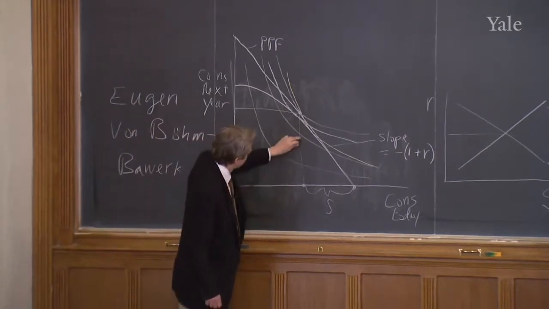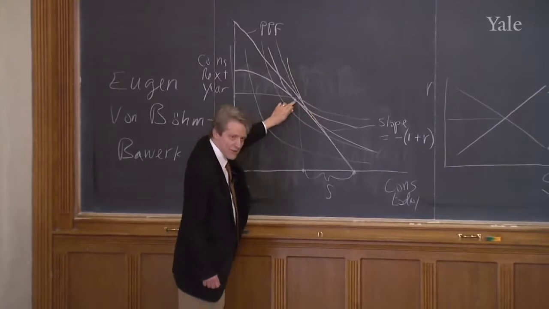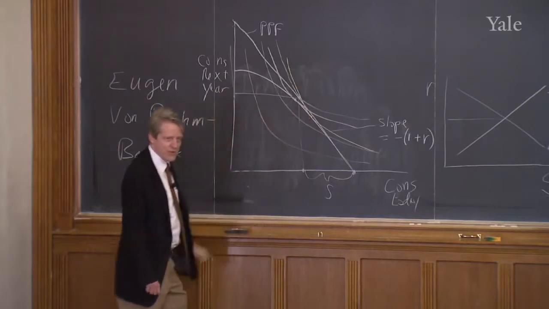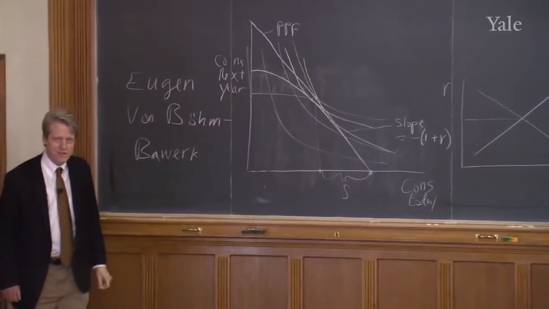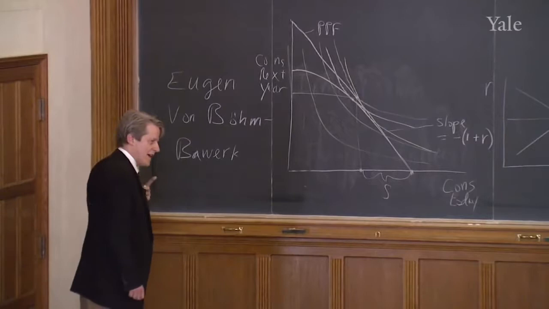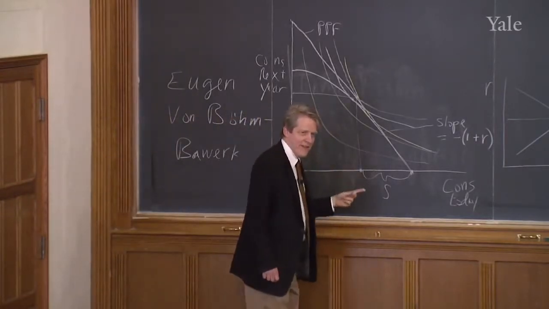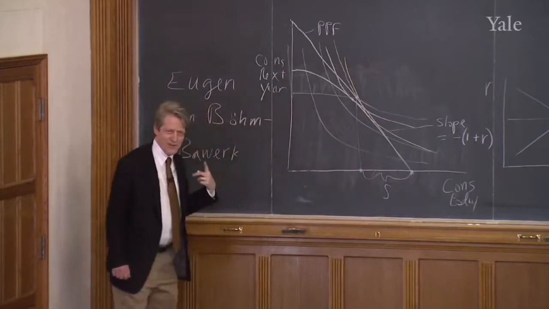Now the slope here is different than the slope here, right? Because I haven't changed the production possibility frontier, but I've moved to a different point on it. So you can see that if Robinson Crusoe becomes more impatient, his interest rate goes up.